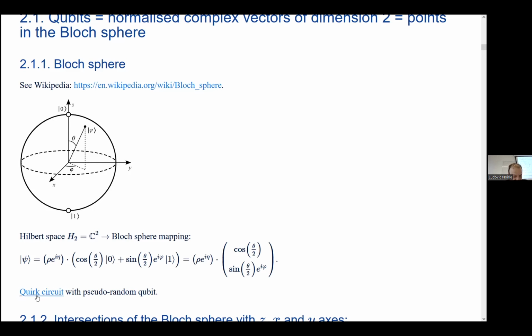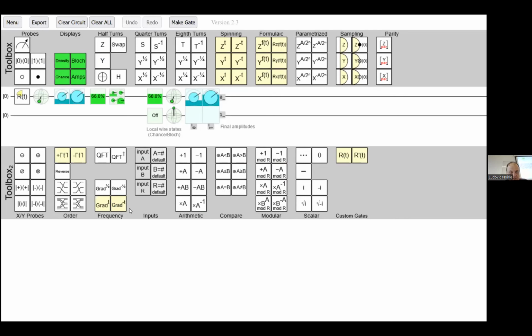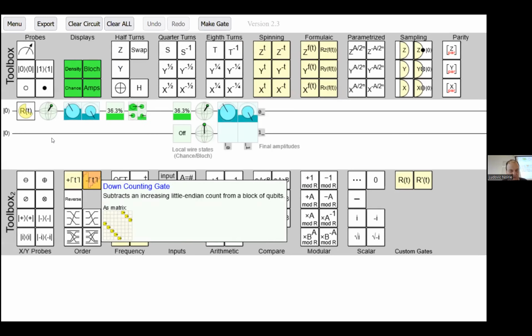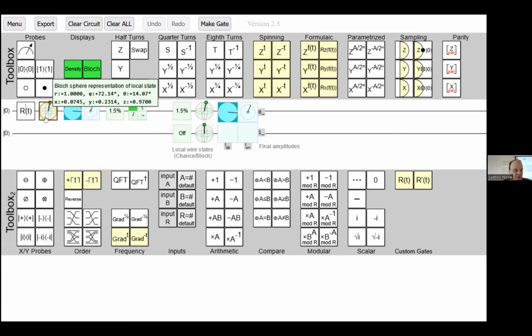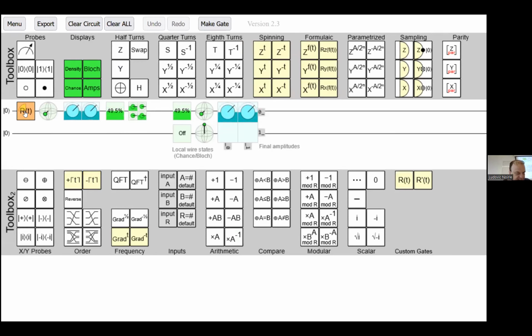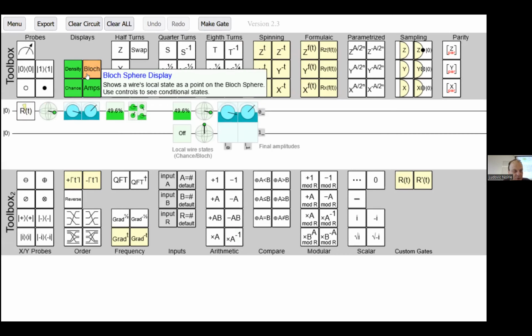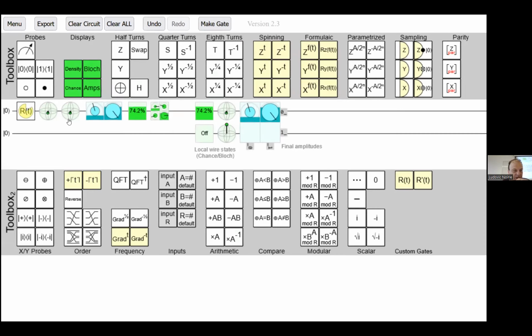So let's look at what a qubit is in the Quirk circuit. Here you see the Quirk circuit. For the moment do not take care of this gate, just look at the Bloch sphere. Here I present four displays. First, the Bloch sphere display, which you get when you drag and drop it.